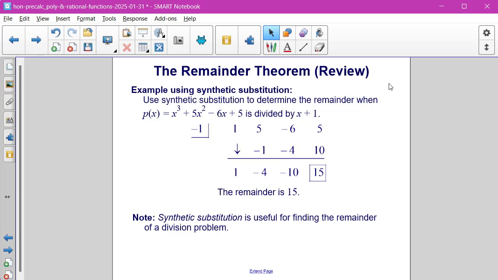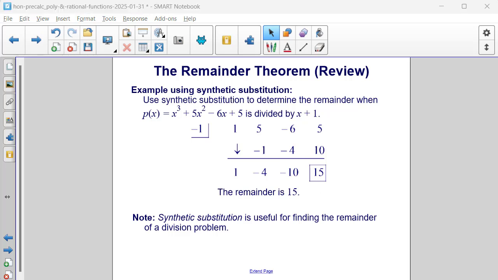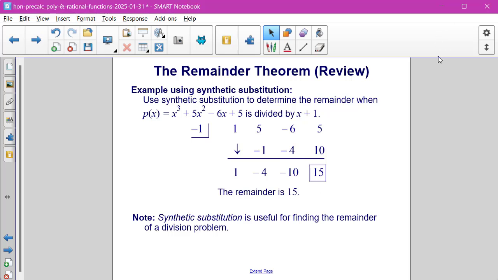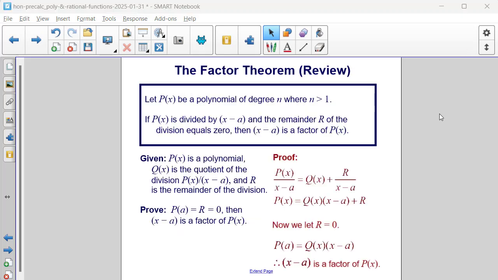We can also use synthetic substitution to determine the remainder when we have p of x divided by x plus 1, and we have done this and found that the remainder is 15. It's worth noting that synthetic substitution is useful for finding the remainder of a division problem.